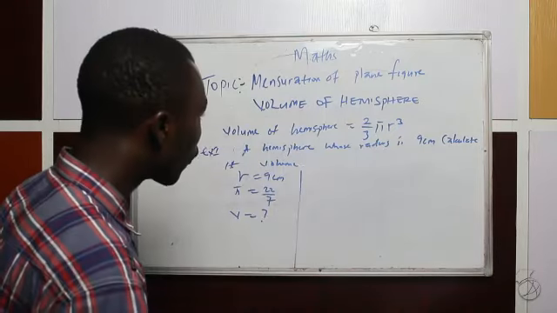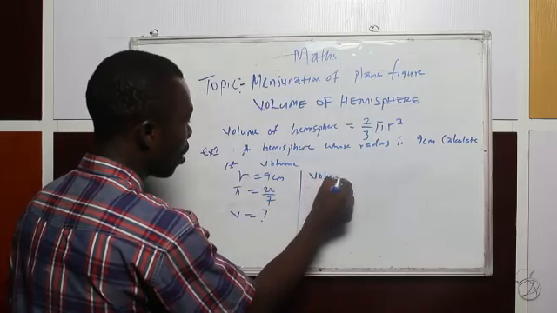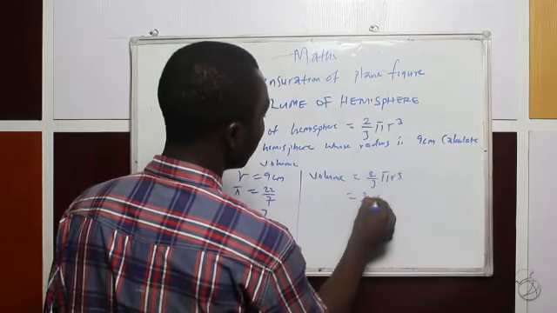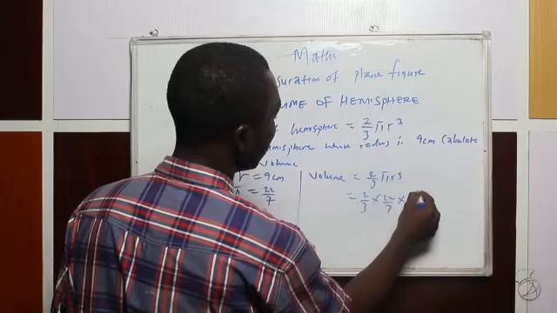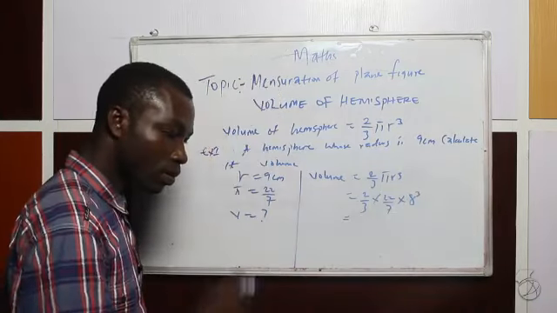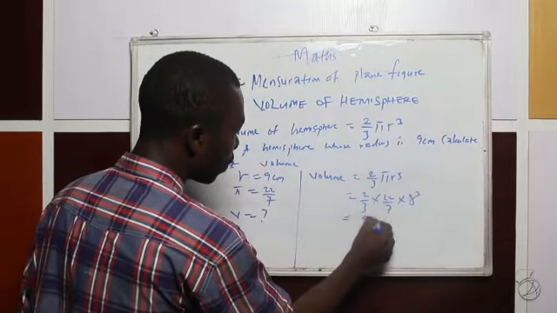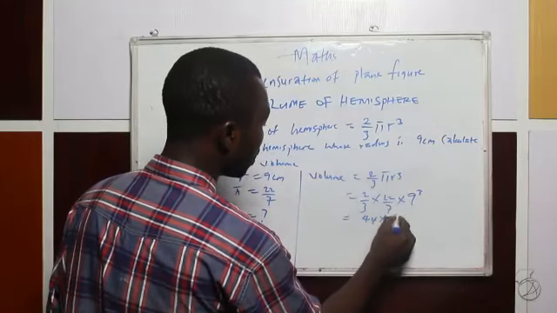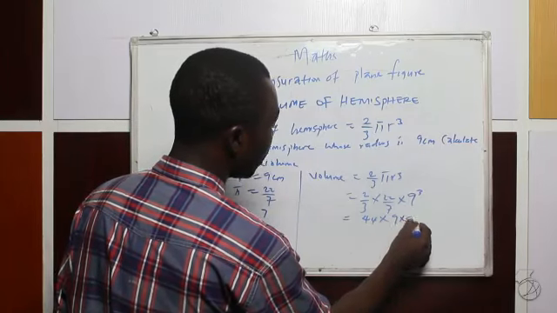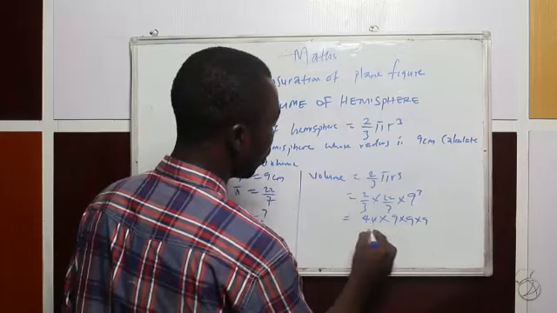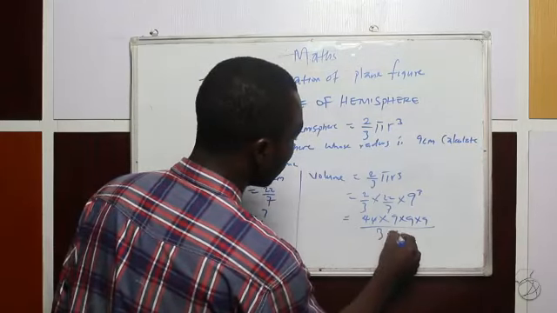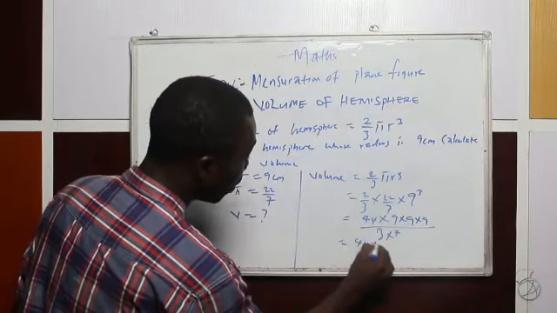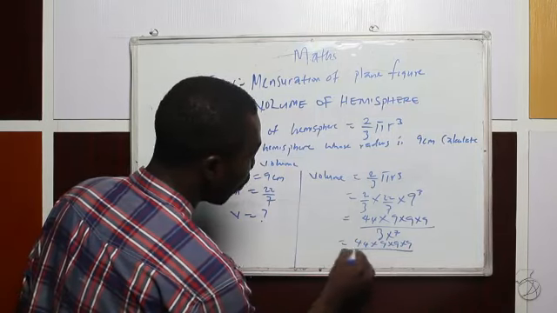Therefore, to calculate the volume, which is equal to 2 over 3 pi r cube, is equal to 2 over 3 times 22 over 7 times 9 cube, which is equal to 44 times 9 times 9 times 9 over 3 times 7, which is equal to 44 times 9 times 9 times 9 over 21.